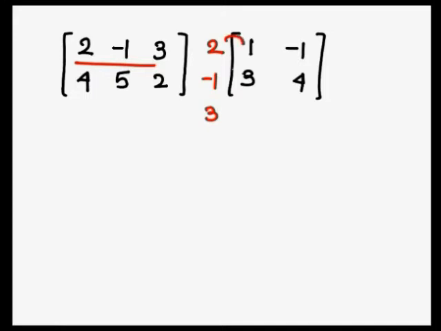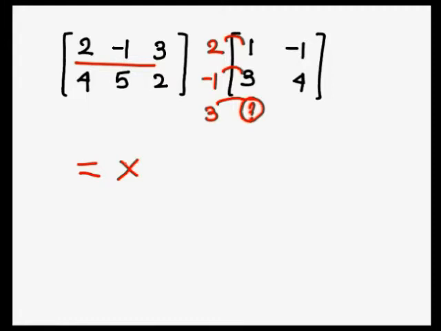So here we multiply 2 with the 1, minus 1 with the 3. So there is no single element to multiply with the 3. So is matrix multiplication possible? Obviously not, because there is no single entry to multiply the last entry of that first row. So here the matrix multiplication is not possible.